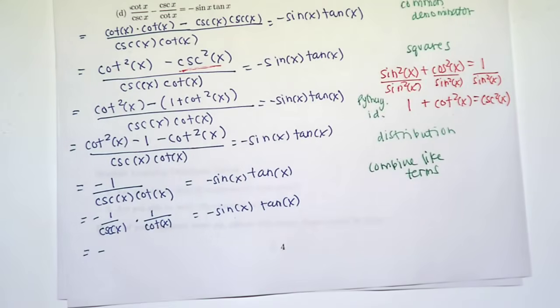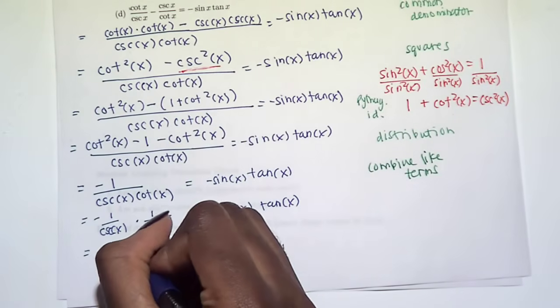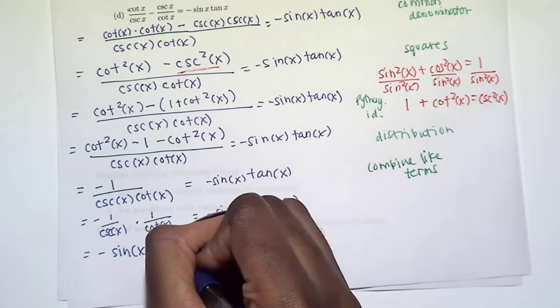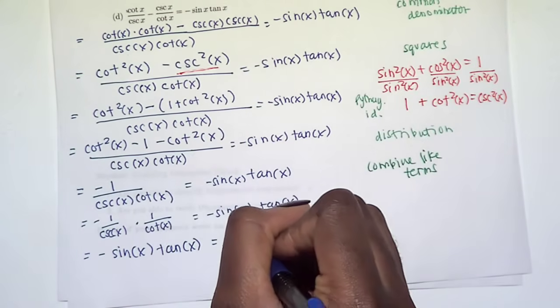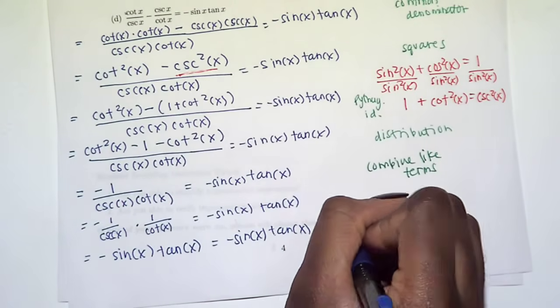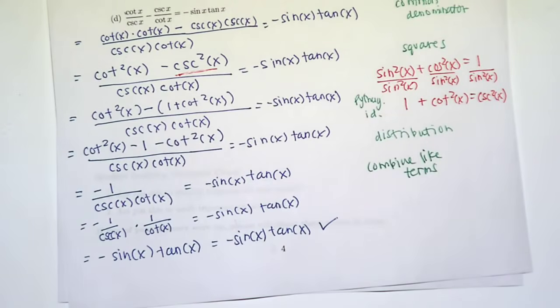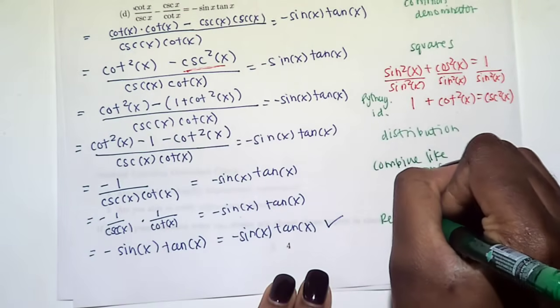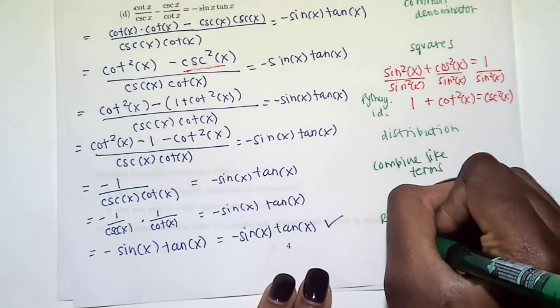And now, what is 1 over cosecant x? Well, that's just sine x. What is 1 over cotangent x? That is just tangent x. All right, so we just used reciprocal and quotient identities.